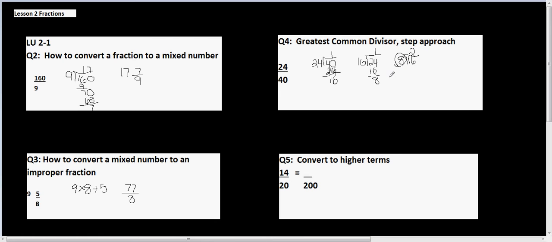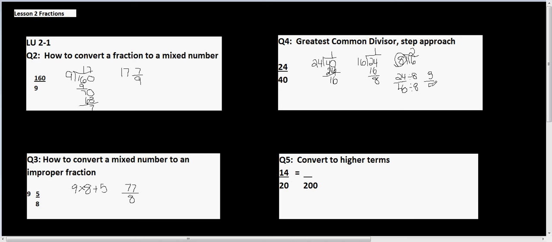What do we do now? We take that 8 and we divide that into the 24 and into the 40 to reduce this to its lowest possible fraction. 24 divided by 8 and 40 divided by 8 is going to give you 3/5.